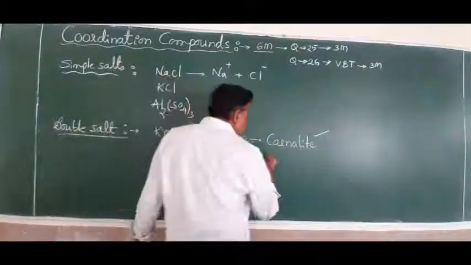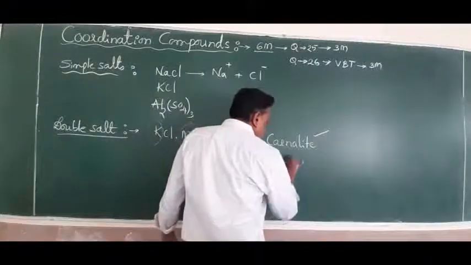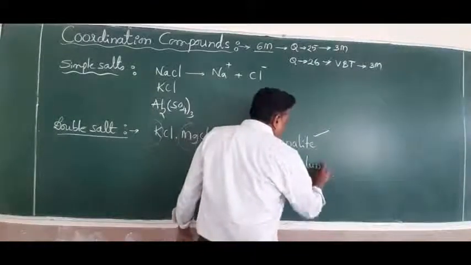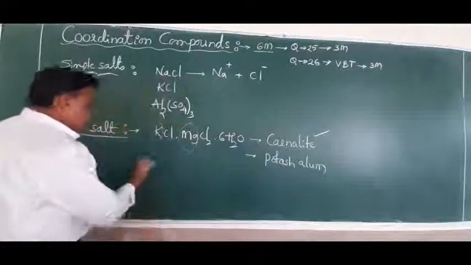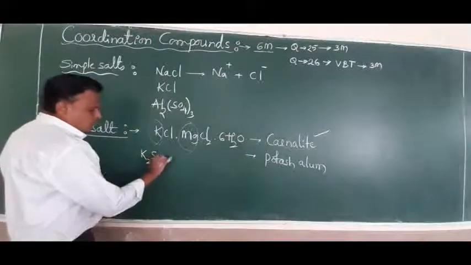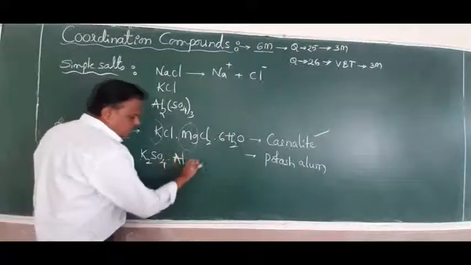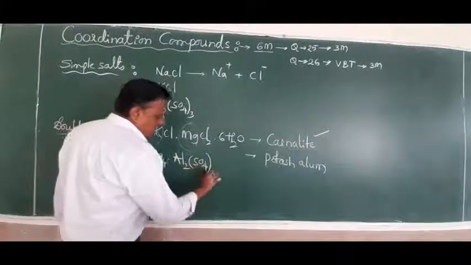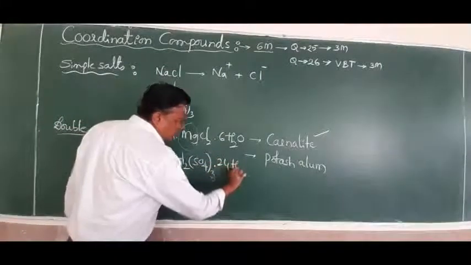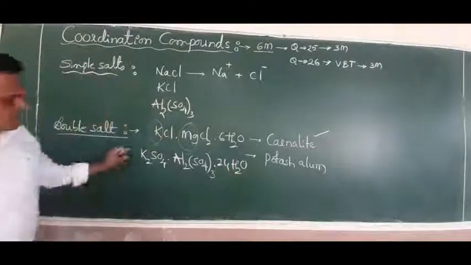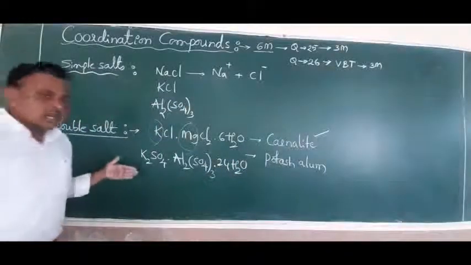If you want another example, potash alum is also a double salt with the chemical formula K2SO4.Al2(SO4)3.24H2O. This is the chemical composition of potash alum, which we commonly call alum.